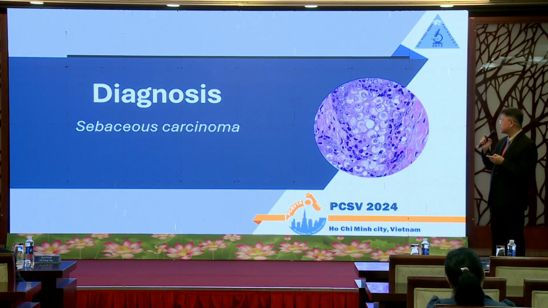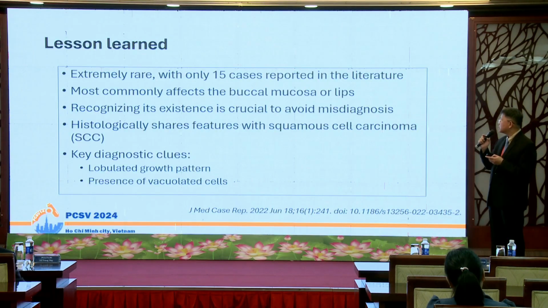So this case is diagnosed as sebaceous carcinoma, which is quite uncommon because sebaceous carcinoma, as you know, is a tumor of skin lesions. But in this case, it arises in the oral cavity.